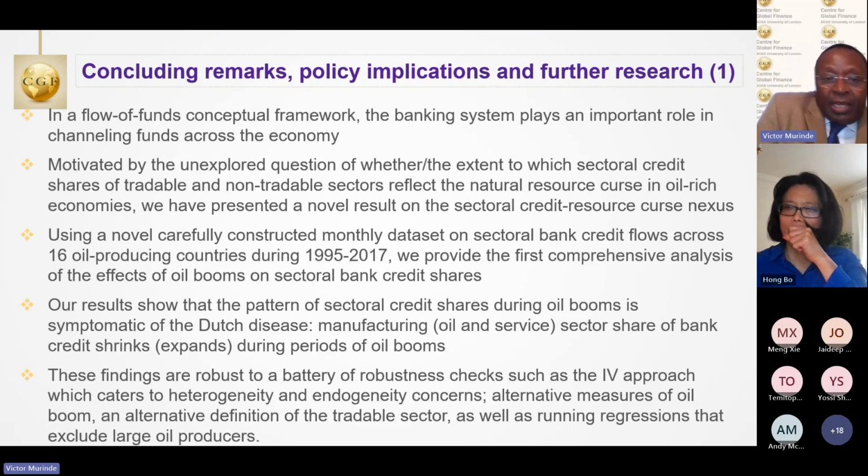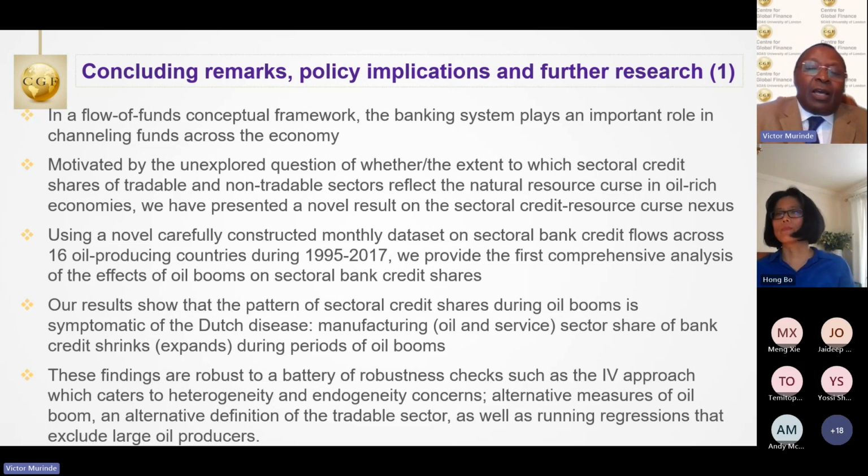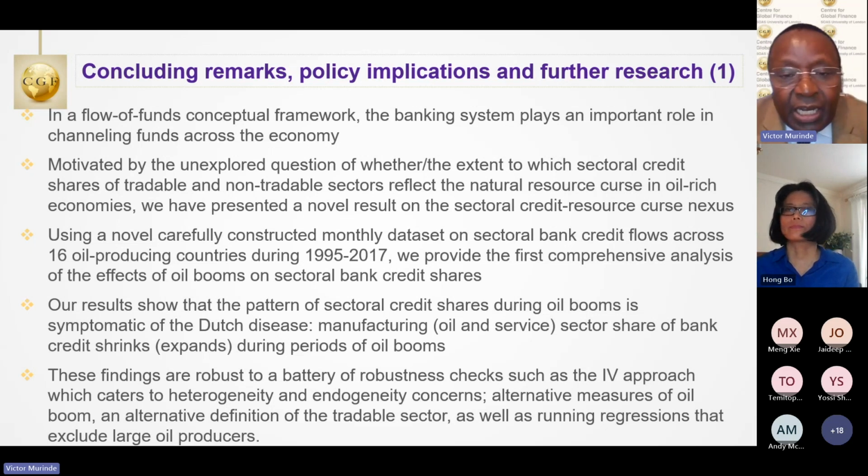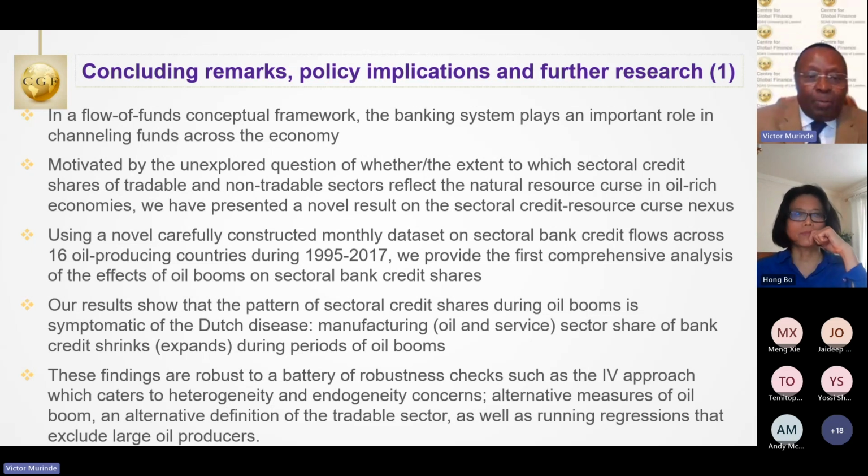We constructed a novel database of monthly observations on sector bank credit shares across 16 countries, 1994 to 2017.